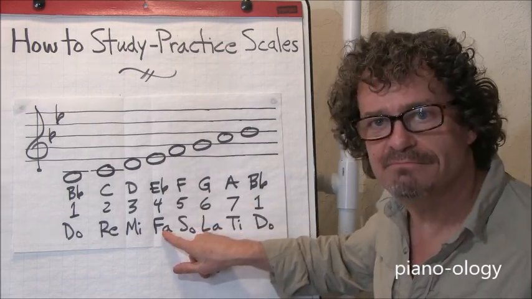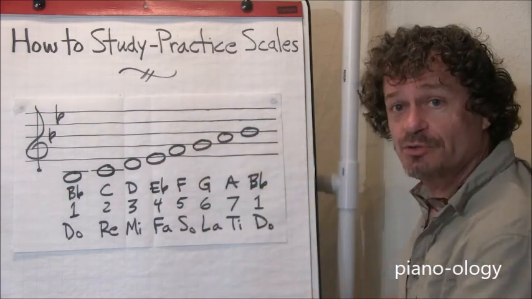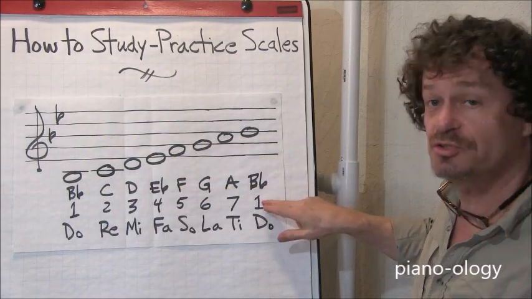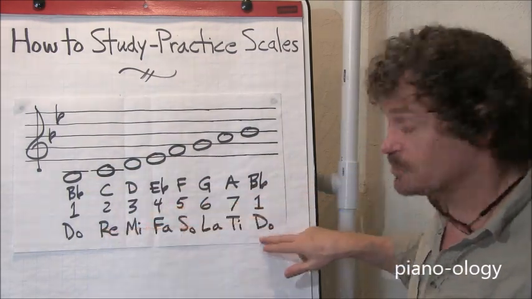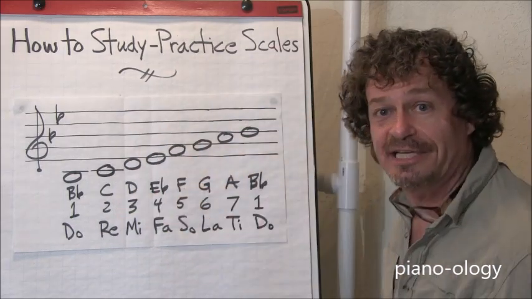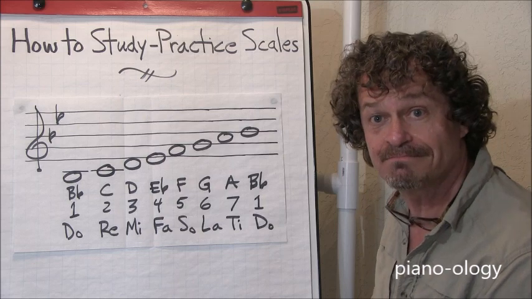It's Fa, right? So we should be able to mix and match and go any direction. We should go from key signature to names of the notes to solfege syllables to scale degrees, any which direction. Given any one of these, we should be able to name all the others, right?